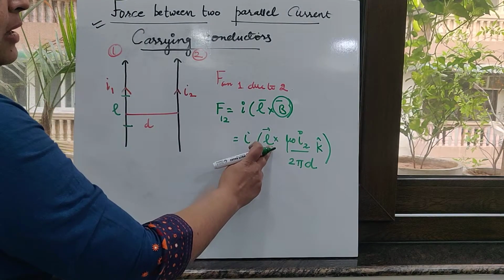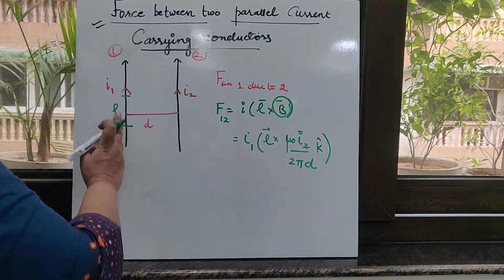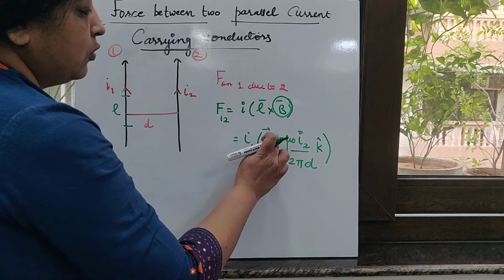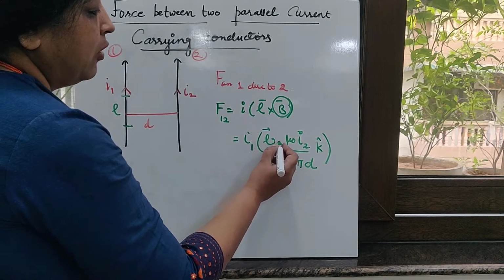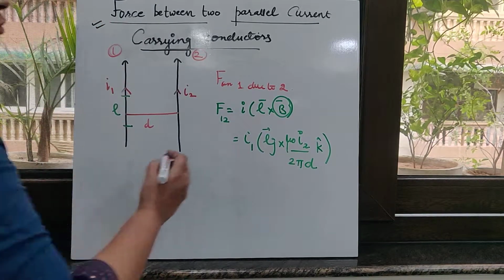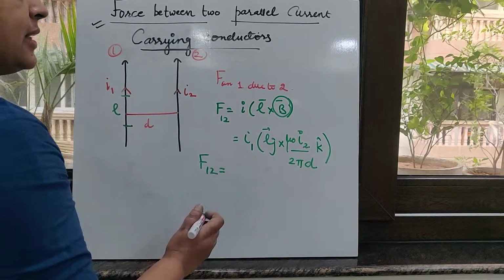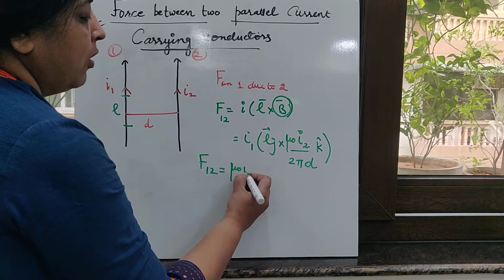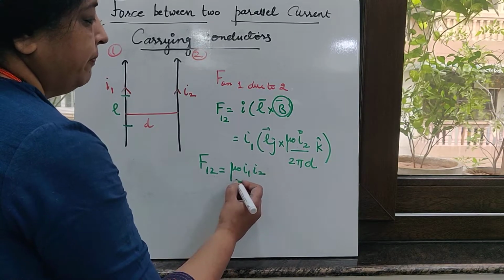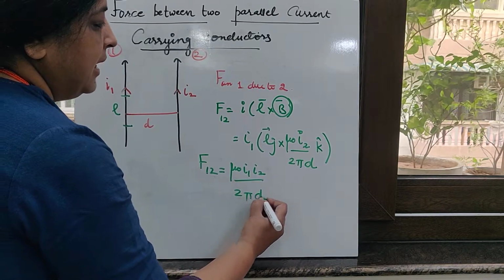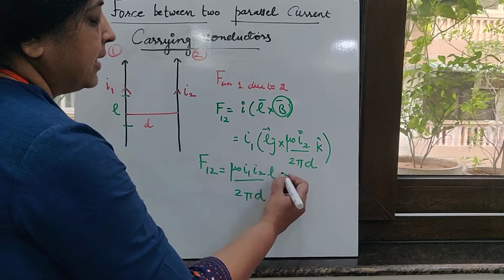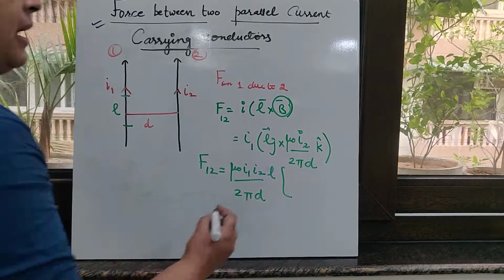I will also have to write down the direction for length because it is in the positive j direction, so I will write down j cap cross like this. So force on 1 due to 2 becomes, taking all the constants outside, mu naught I1 I2 divided by 2 pi d. I will also take L outside, and inside the bracket I have j cross k.